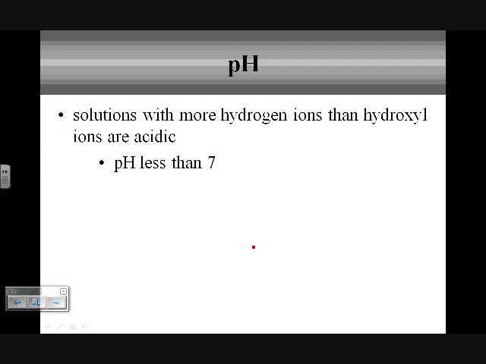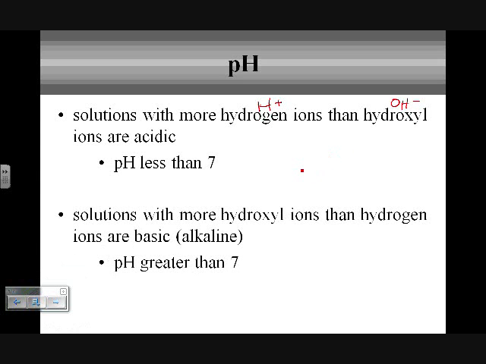So solutions that have more hydrogen ions than hydroxyl ions, remember hydrogen ions being the H pluses, are going to be considered an acid, while the opposite, those with more hydroxyl than hydrogen, are going to be a base.